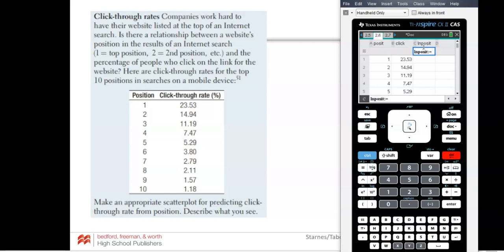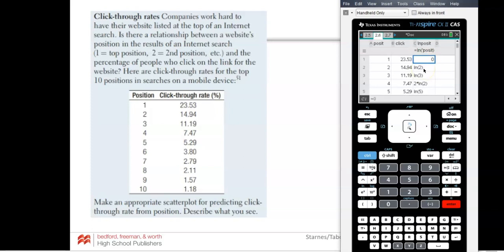If you'd rather just click the button down here, there is a natural log button if you have good eyes. It's above e to the x. So you press Control, e to the x, and then type posit. If you'd rather not type posit, you could click the variable key and choose posit from that. And press enter, and it should populate.